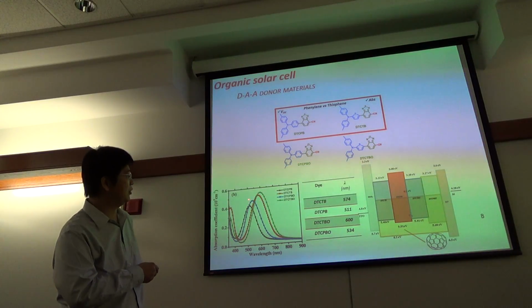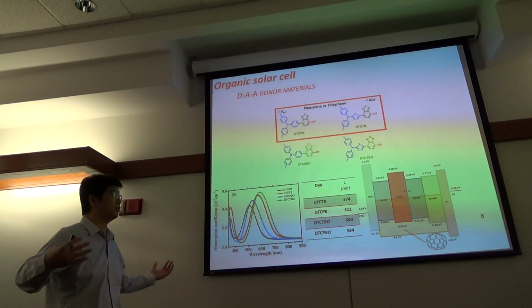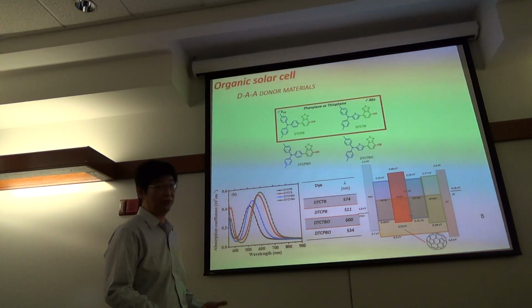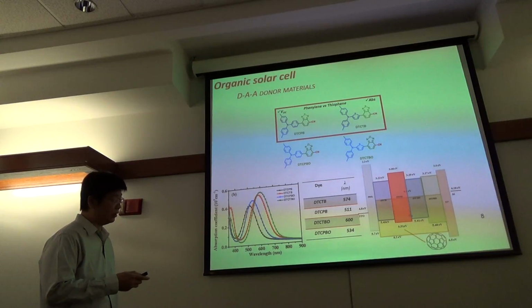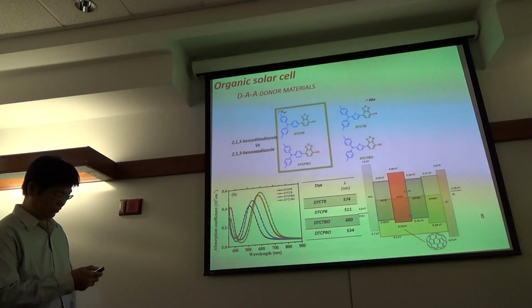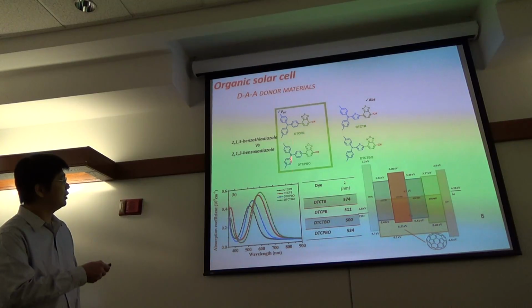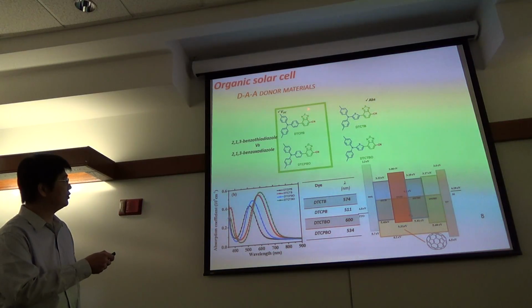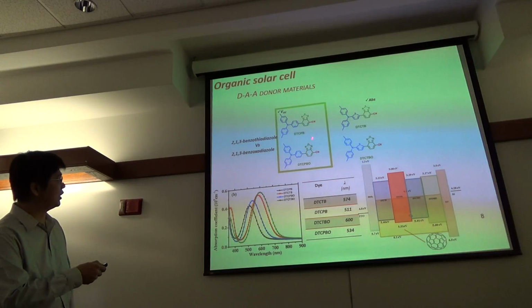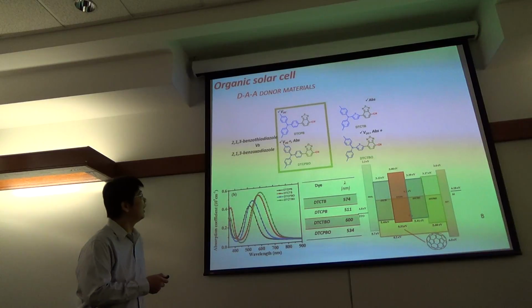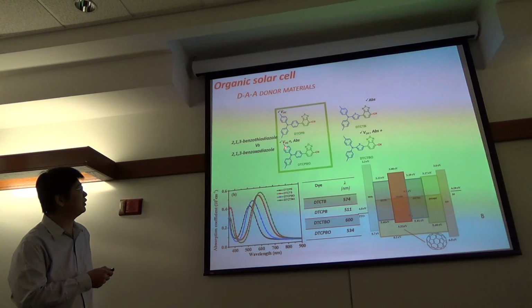If the spectrum redshifts, which means you can absorb more light, they will have the better JSC, short circuit current. So if you see this direction, it's the benzothiadiazole, the sulfur changed to the benzo-oxadiazole, then we have the better VOC and the better absorption.